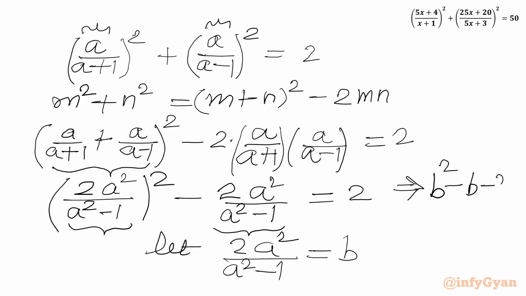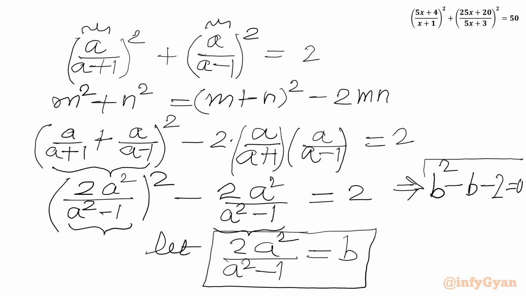If I take 2 to the LHS, then I can write minus 2 equal to 0, where b is 2a square over a square minus 1. Let's solve this quadratic equation first, then we will put back our substitution b.